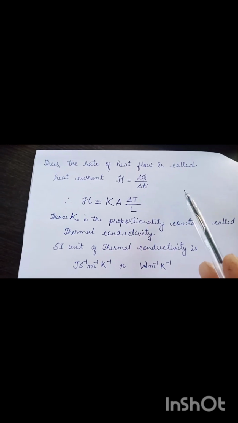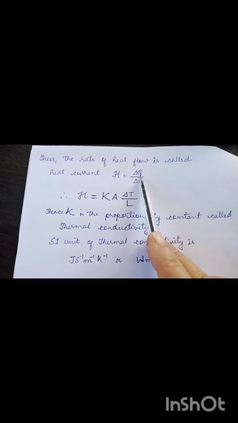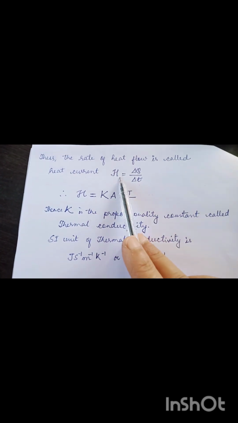If we write the equation of proportionality, we get the proportionality constant called thermal conductivity. The rate of heat flow, that means flow of heat with respect to time, is called heat current.